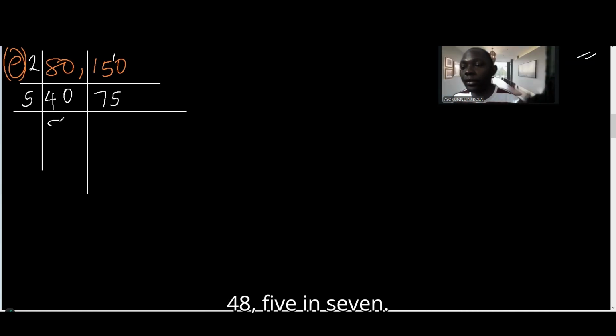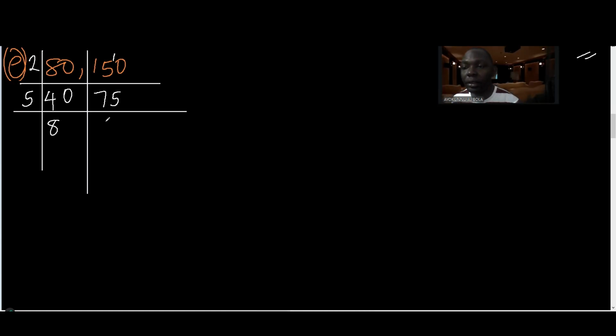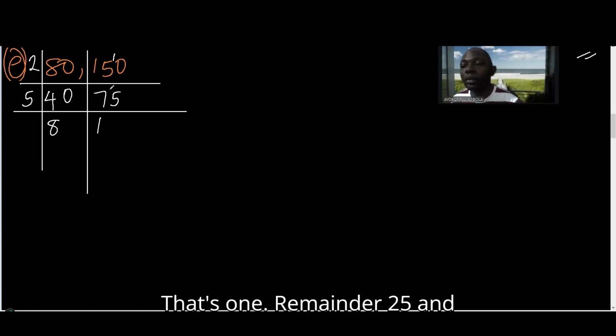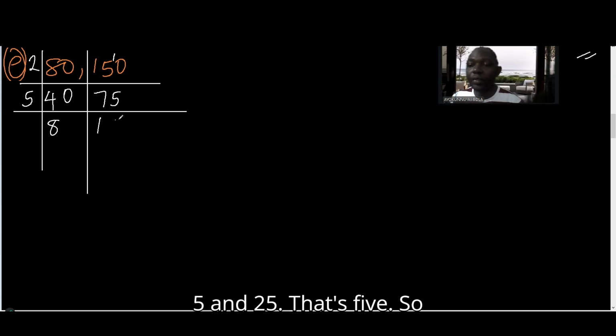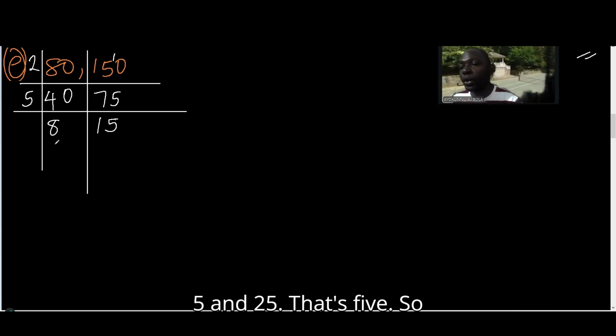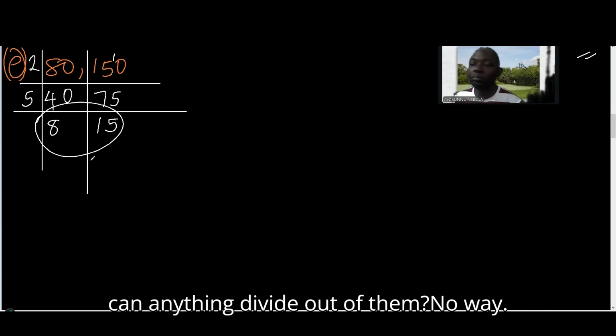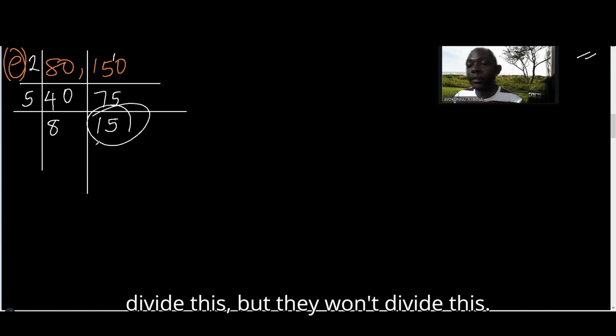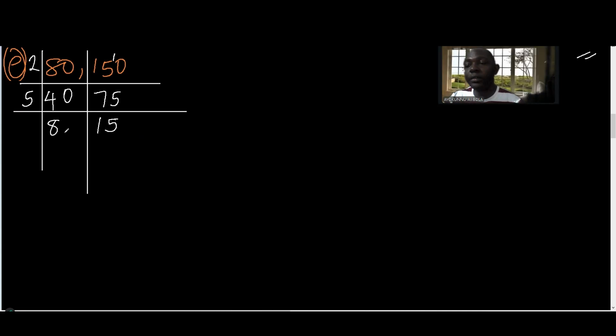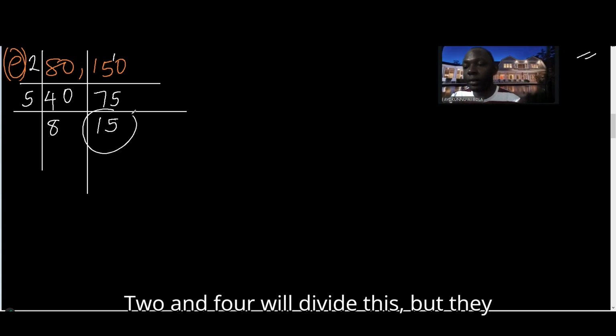So 5 in 40, 8. 5 in 7, that's 1. Remember 2. 5 in 25, that's 5. So can anything divide both of them? No way. 3 and 5 will divide this, but they won't divide this. 2 and 4 will divide this, but they won't divide this.